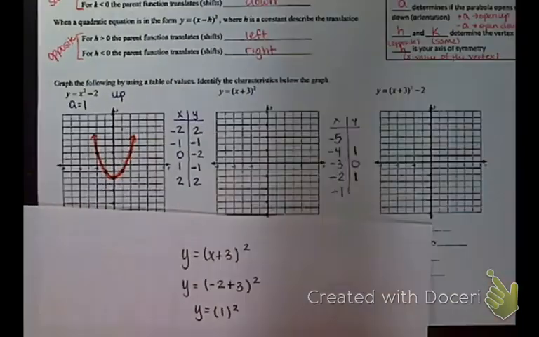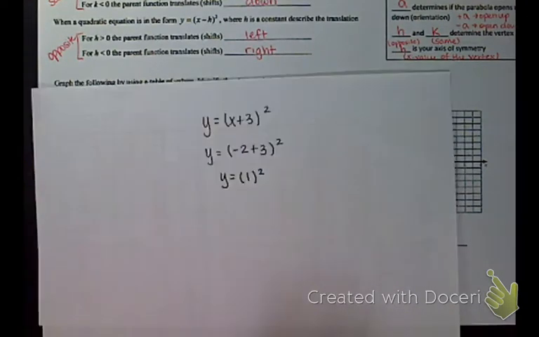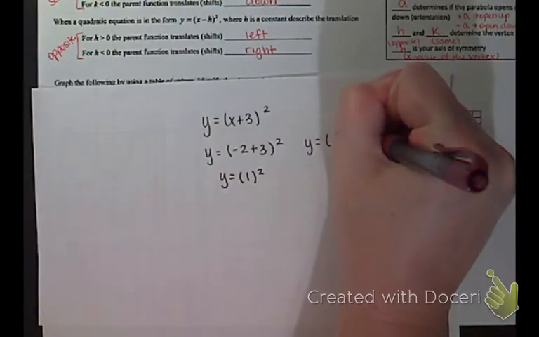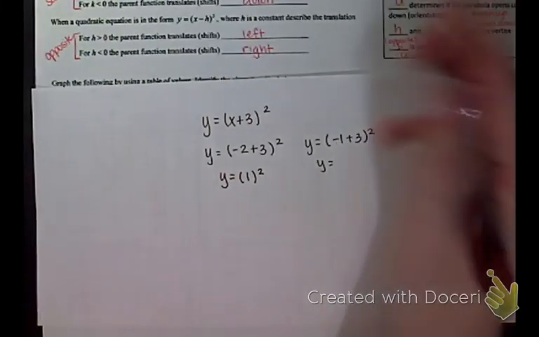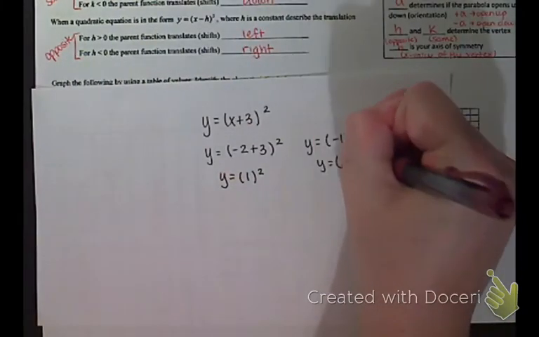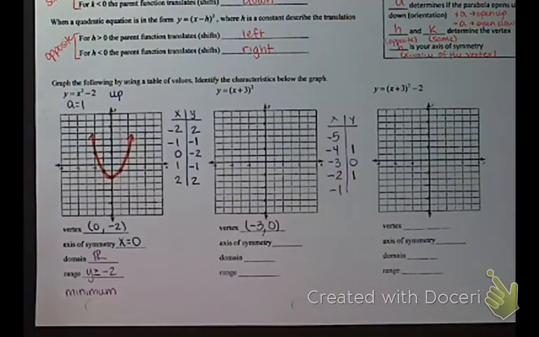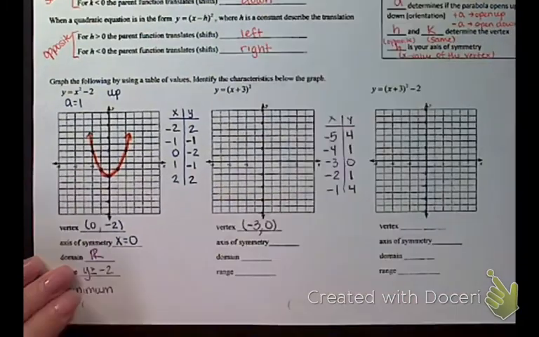If you don't believe me, plug in negative 4, and I promise you're going to get 1. Okay, let's plug in that negative 1. So y equals negative 1 plus 3 squared, which is negative 1 plus 3 is 2. And 2 squared gives me 4. So that value is 4, and so is this value because of symmetry.